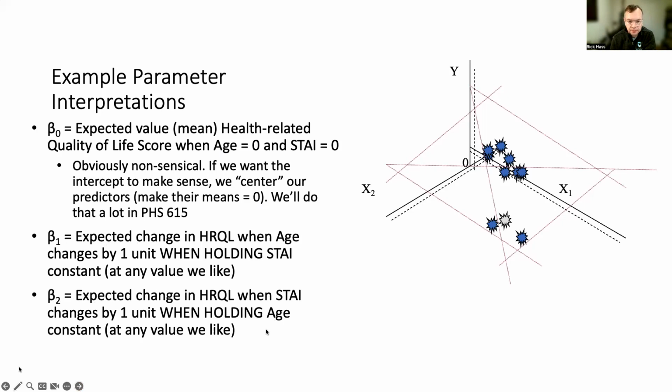So again, pick the people that are only age 40 in our study. Beta 2 describes what happens to quality of life when in those people, anxiety goes up by 1 unit. But for any additive regression model, like the ones we're going to do this week, this beta applies again to any of the strata for age.